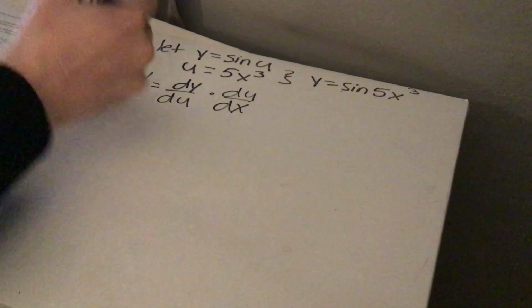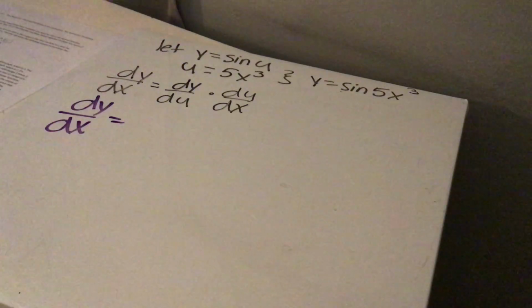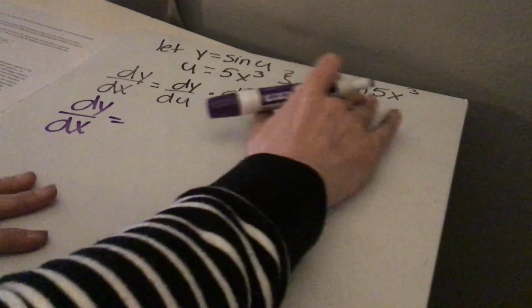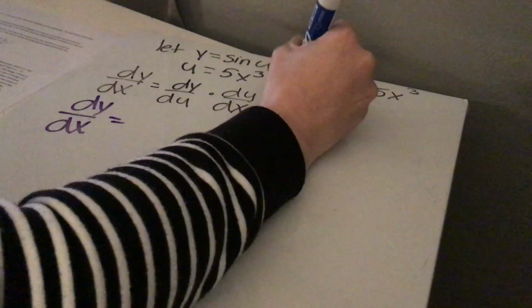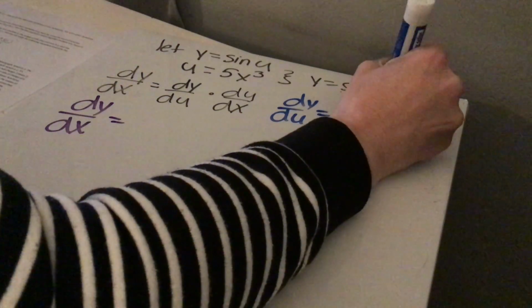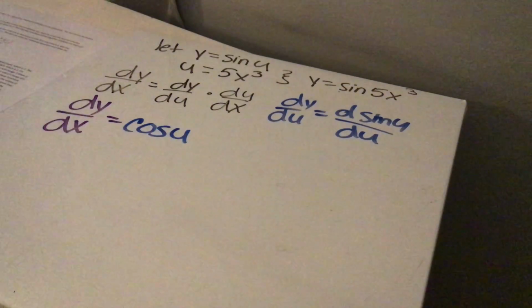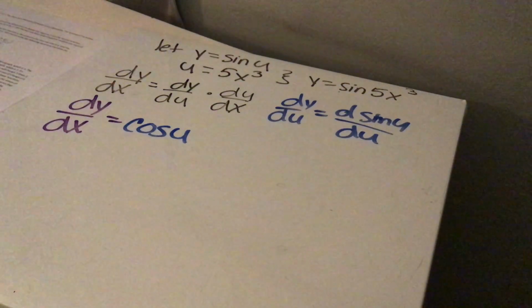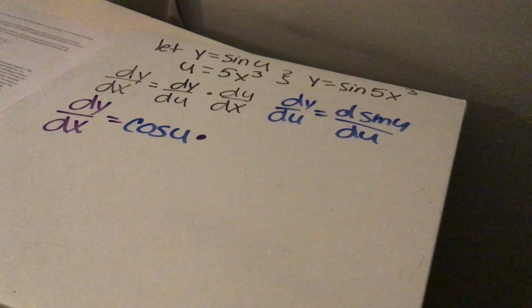So dy/dx equals dy/du, so we're finding the derivative of sine of u with respect to u. What's the derivative of sine? The derivative of sine is cosine. So we get cosine of u times the derivative of u with respect to x.